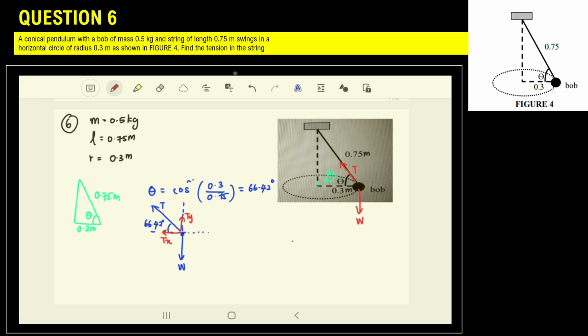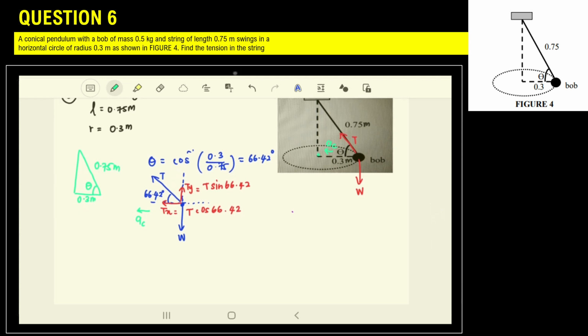Ty is T sine 66.42 and Tx is equal to T cos 66.42. The direction of the centripetal acceleration is in this direction, AC. Therefore, the equation is total Fx equal to m a_c, where in the x component we only have Tx.